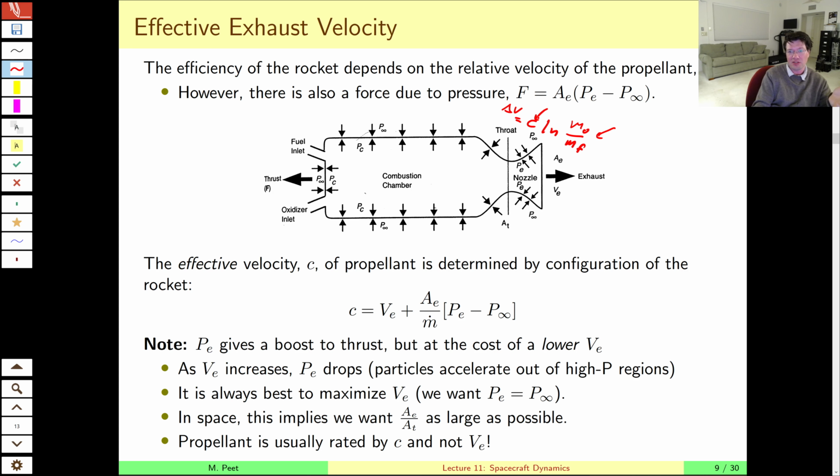If you could spit propellant out the back fast enough, you can overcome any of these ratios. This is a much more direct way of increasing your delta V's. Unfortunately, physical limitations of nature prevent us from playing around with this too much, as we'll see when we talk about rocket types.